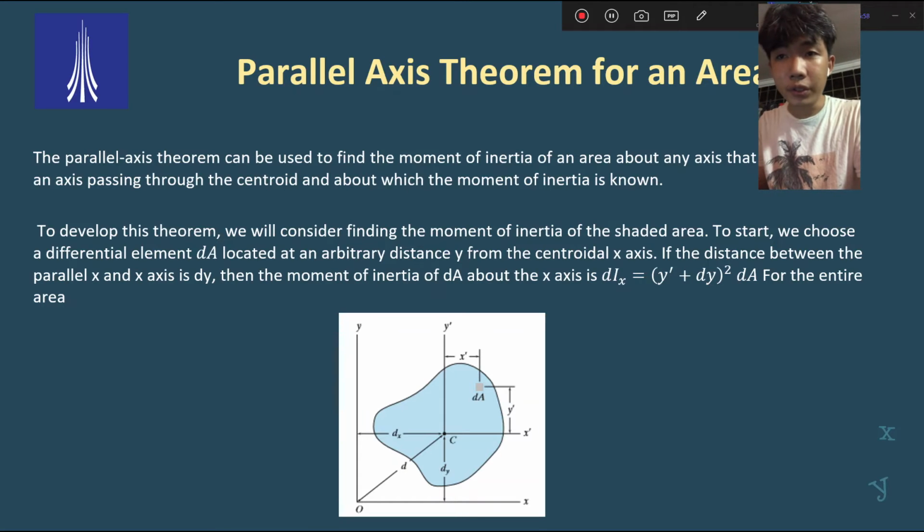To start, we choose a differential element dA located at an arbitrary distance y' from the centroidal x' axis. If the distance between the parallel x and x' axes is dy, then the moment of inertia of dA about x is dIx equal to (y' plus dy) squared times dA, for the entire area.